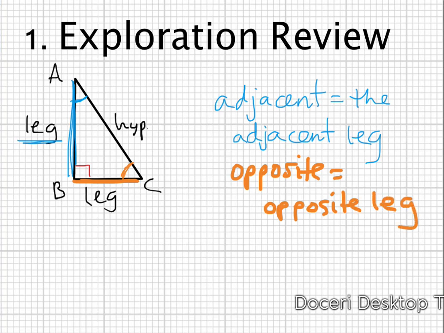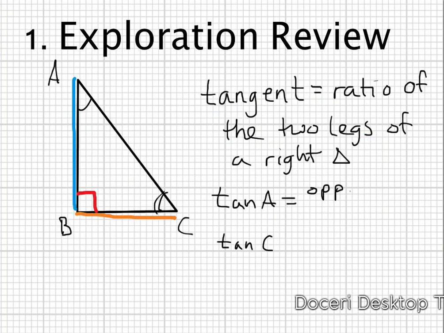Okay? So if I was at angle A, I'd go to the leg opposite. Going back to our tangent, that would mean I would go from A, I would go opposite, and the other leg would be my ratio. Remember, a ratio is just a division, a comparison of two things. So I would go from opposite over adjacent leg.